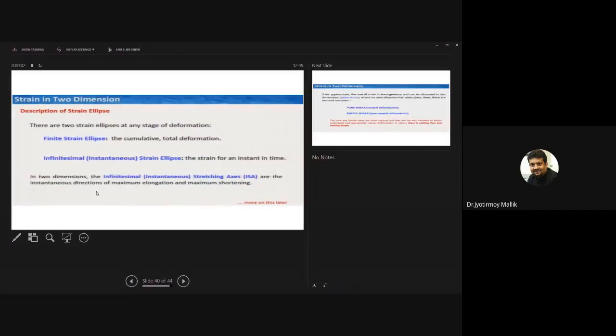So, as I was saying, the description of the strain ellipse can be done in two ways. One we call the finite strain ellipse, that is the cumulative or the total deformation that I am looking at.